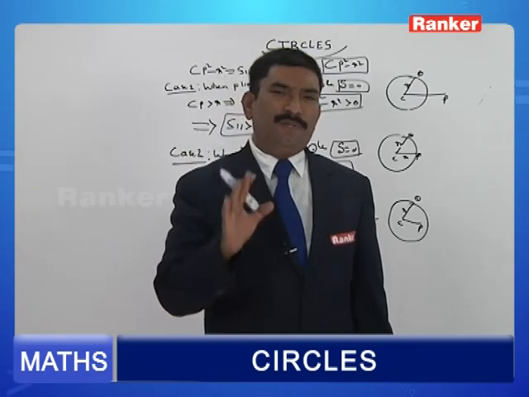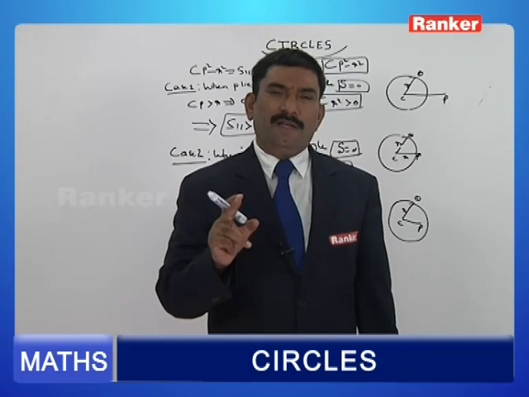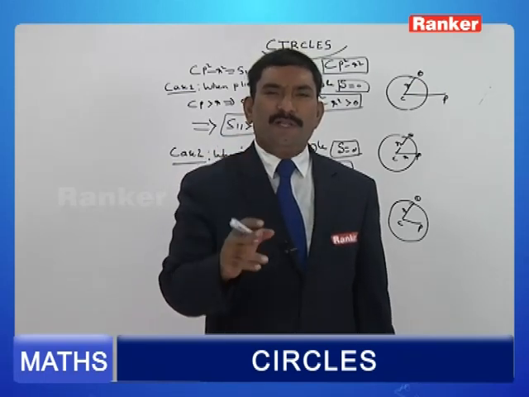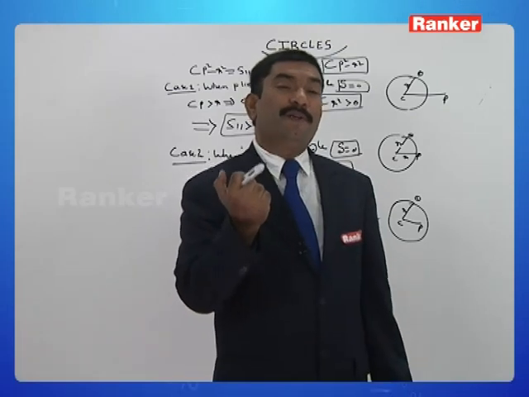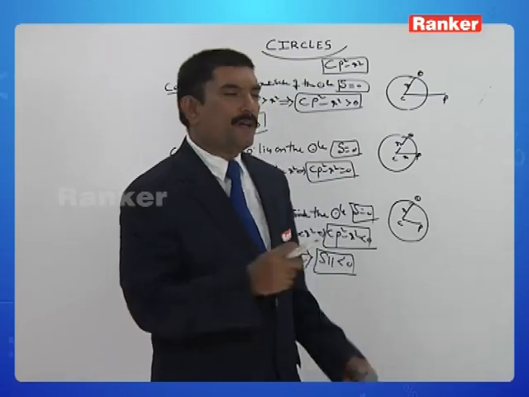After knowing the positions, let us see when a secant line drawn from the point P cuts a circle in 2 points, then what is the power of a point P? Let us see how to find that.